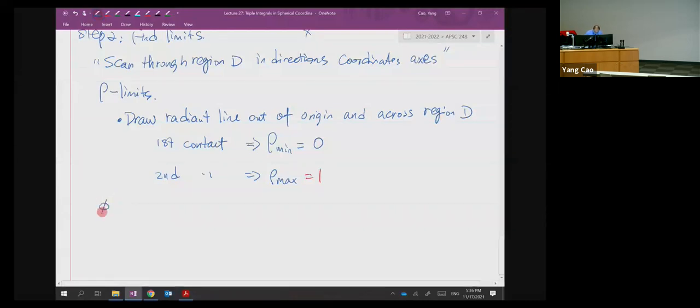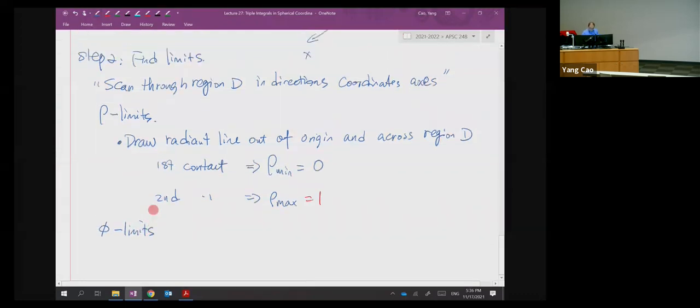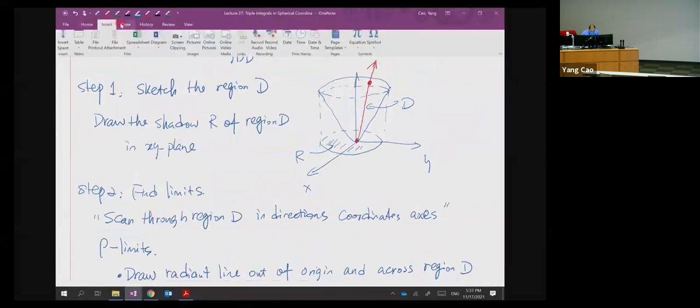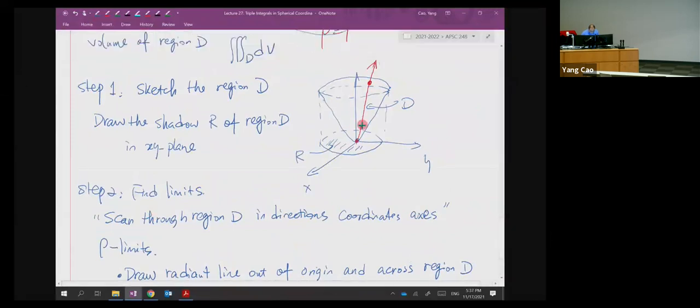And then the next is to find the phi limits. If this is the reading line you sketched at the beginning, then the angle phi is the angle between the z-axis and the reading line you have just sketched.